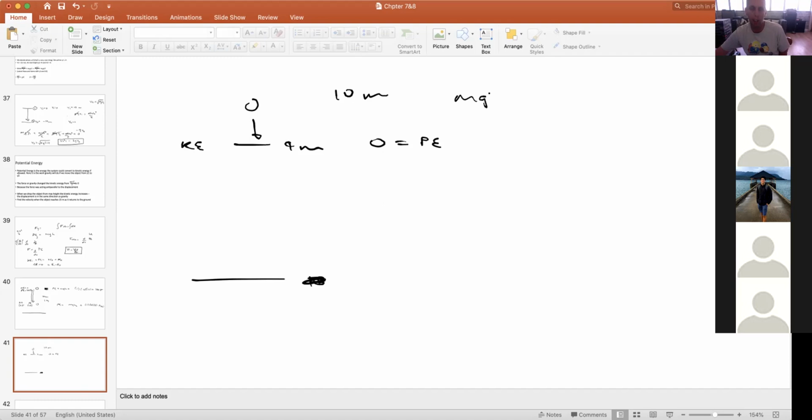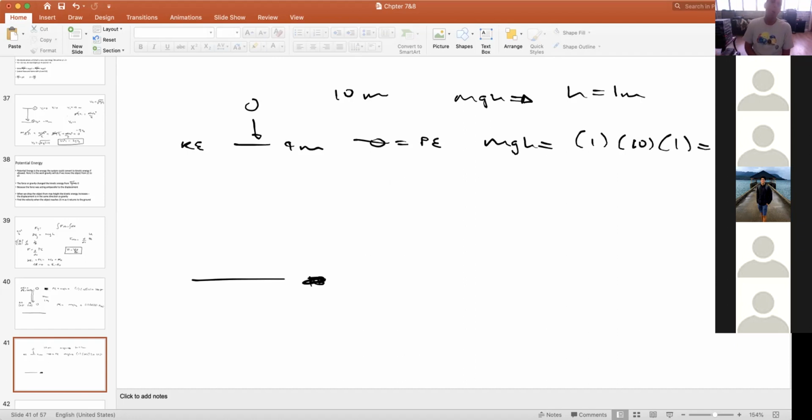Well, it has mgh, but now h is 1 meter. So relative to this point, it has potential energy of mgh, which is 1, I'm going to say 10 for g again, 1, it only has 10 joules. Because I chose my 0 to be 1 meter below where I currently am. So potential energy is real and not real.